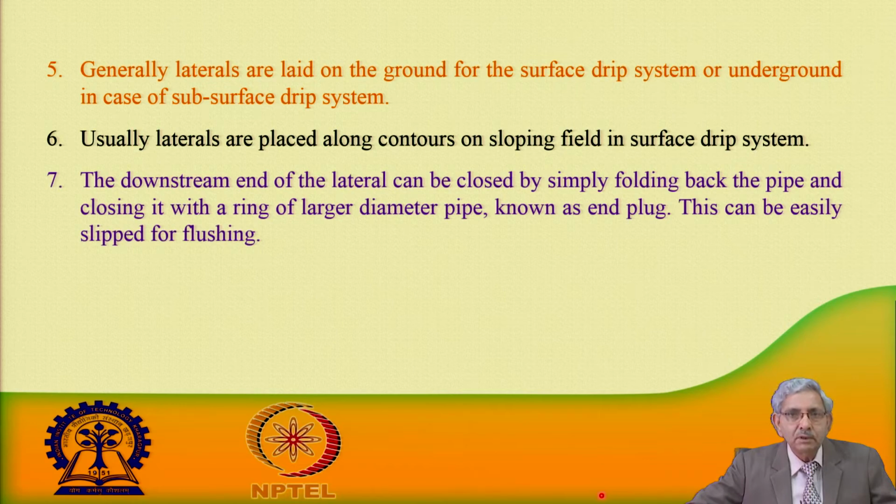The downstream side of the lateral can be closed by simply folding back the pipe and closing it with a ring of larger diameter pipe, which we call an end plug. This can be easily slipped off for flushing the lateral.